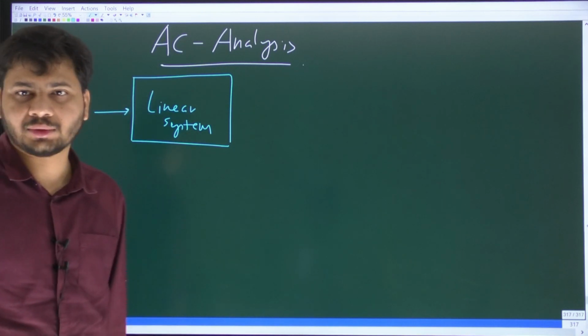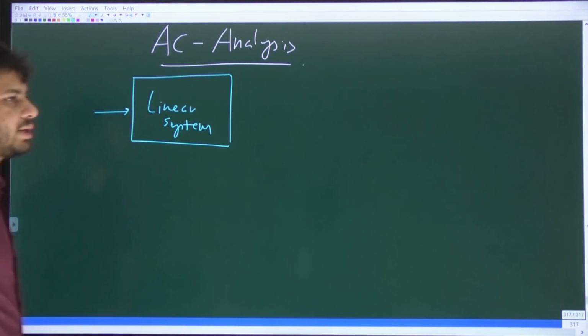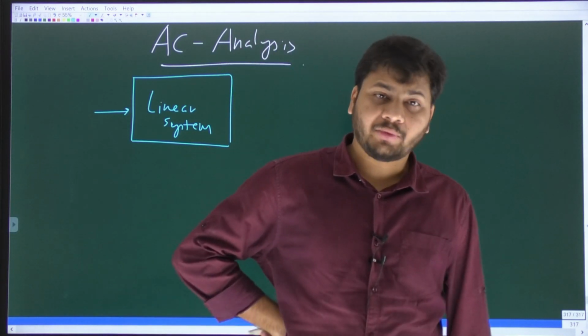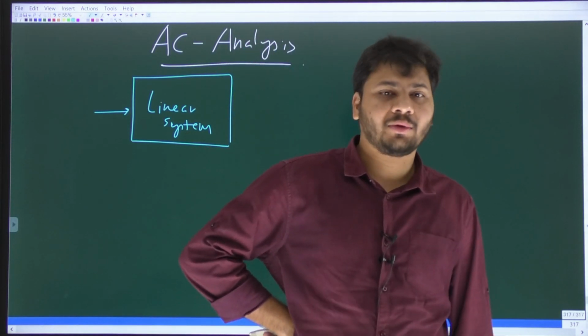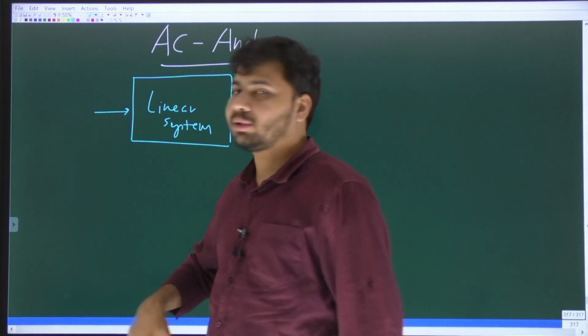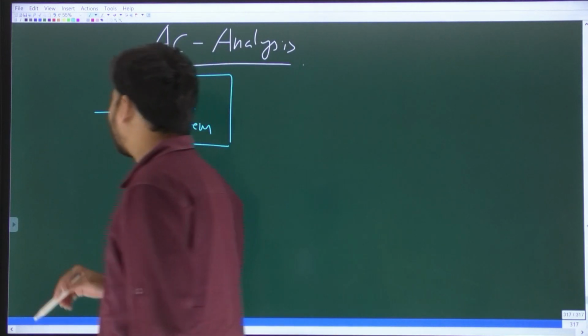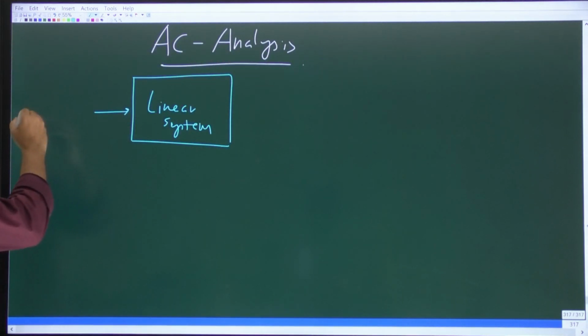The input is what? A sinusoidal function. So every sinusoidal function will have an amplitude, it will have a frequency and also a phase angle. Yes. So for this linear system, what is the input? It is a sinusoidal.